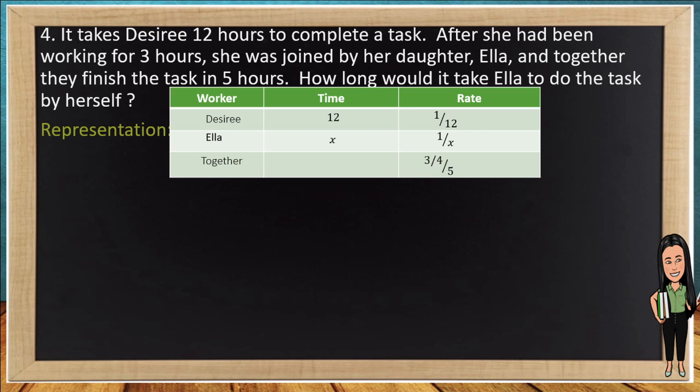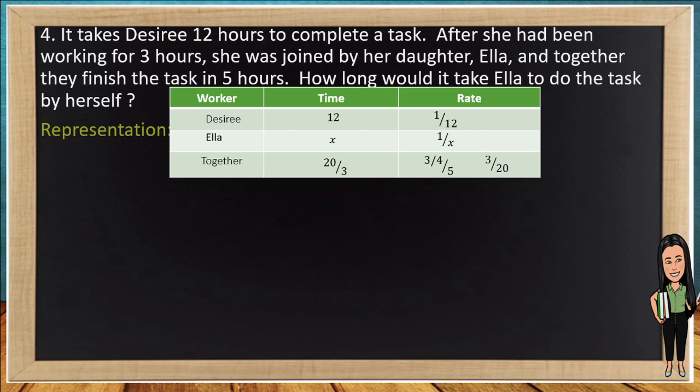Yung rate natin will be 3/4 over 5 hours kasi 3/4 na lang ng task yung kailangan gawin instead of 1 in 5 hours. Simplifying this, we have 3/20. So, yung time will be the reciprocal, 20/3. Ngayon, ito yung amount of time that will be consumed by Desiree and Ella if they will work together from the beginning.